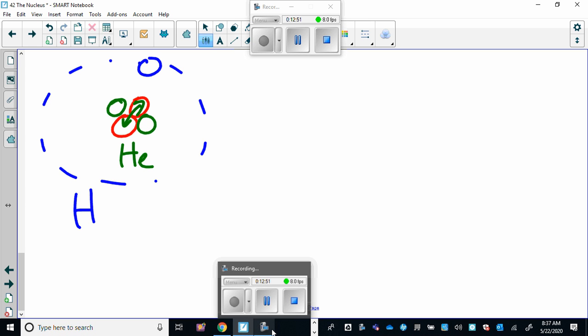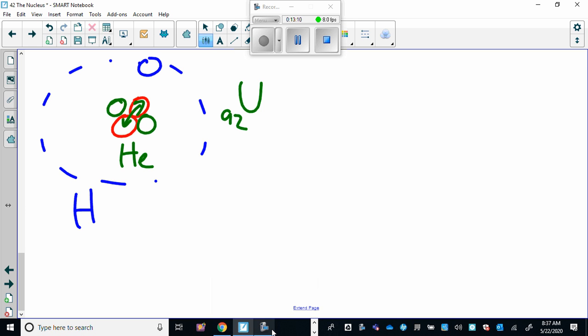But when you're getting up to really big elements, for example, uranium. I think uranium is 92. Uranium has 92 protons in it. And of course, I'm not going to draw 92 protons. Some are going to be really far away, and they are not affected by the strong nuclear force.